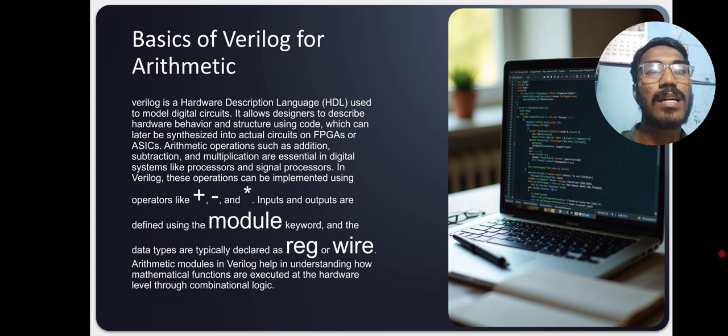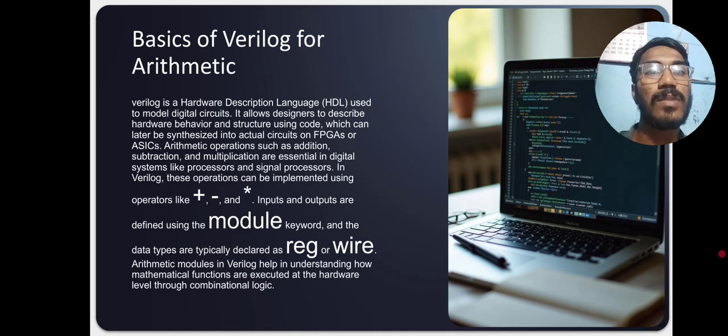Arithmetic operations such as addition, subtraction and multiplication are essential in digital systems like processors and signal processors. In Verilog, these operations can be implemented using operators: plus means addition, minus means subtraction, and the star symbol is used for multiplication.